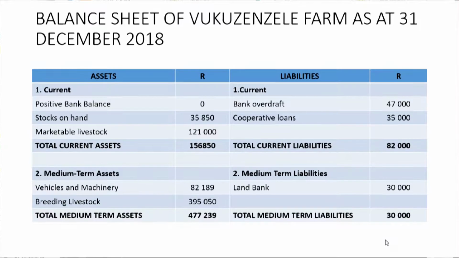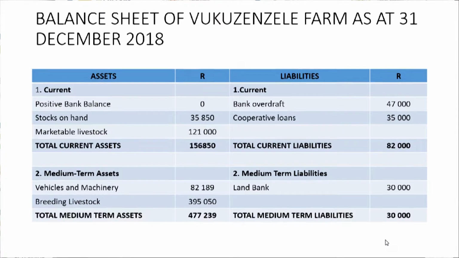Starting with the current assets of Vuk'uzenzele Farm. Their positive balance was 0. And the stocks on hand, which was like fertilizer that remained the previous year, was 35,850.